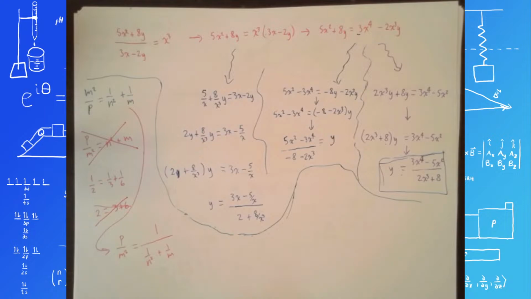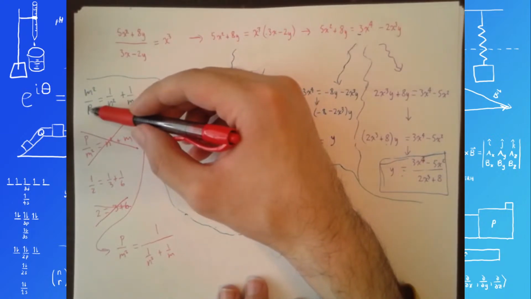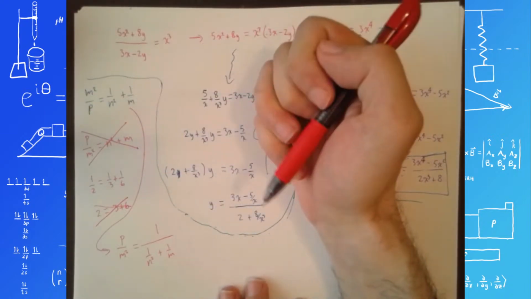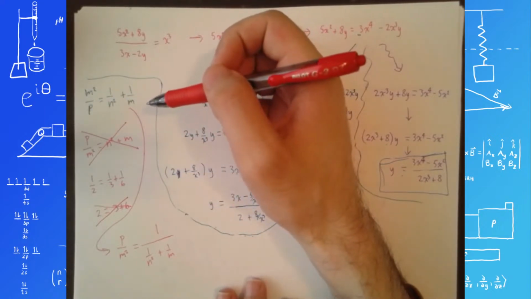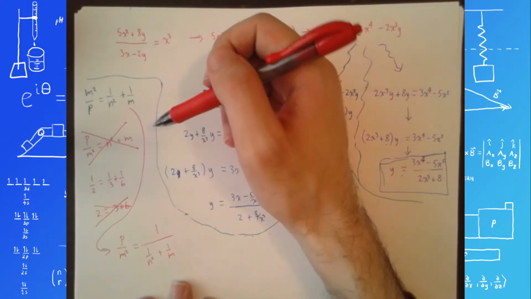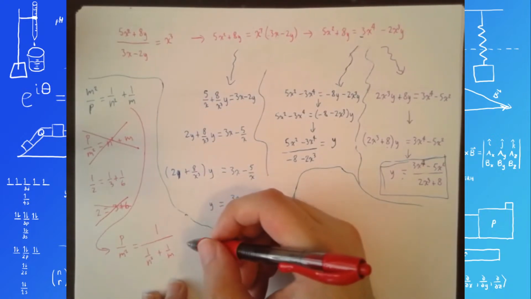And the other thing you could do is just multiply throughout by n squared. In fact, what some students will do is multiply by the common denominator of all three of these fractions. They'll multiply by mpn squared, or pn squared m, whatever order. The order doesn't matter for multiplication.